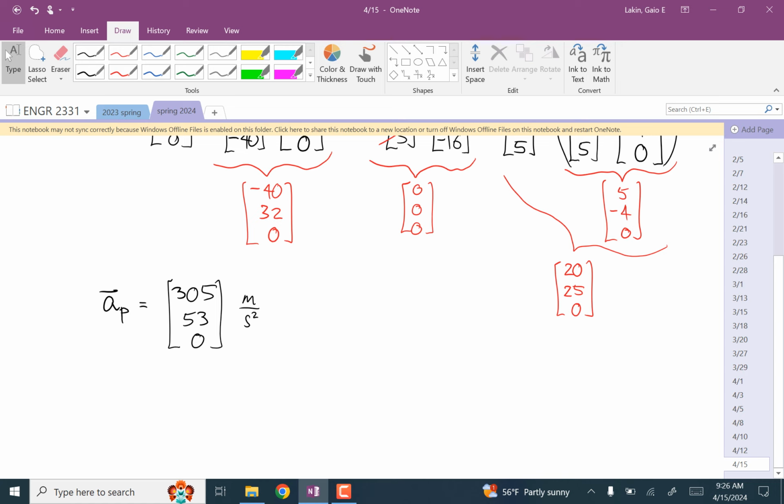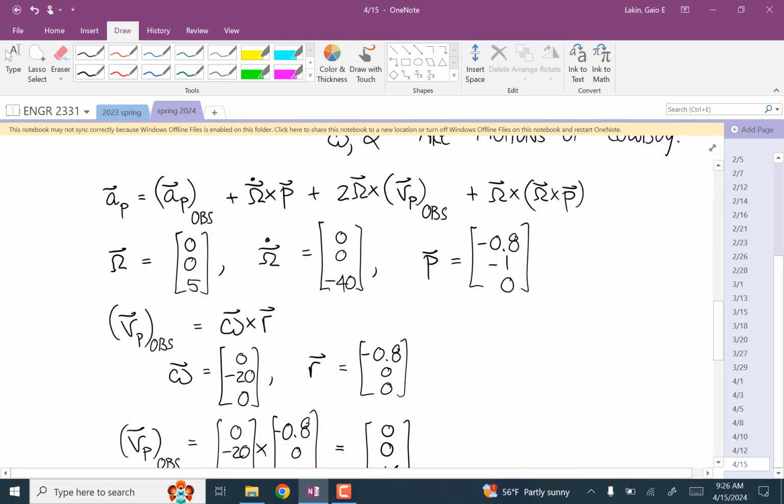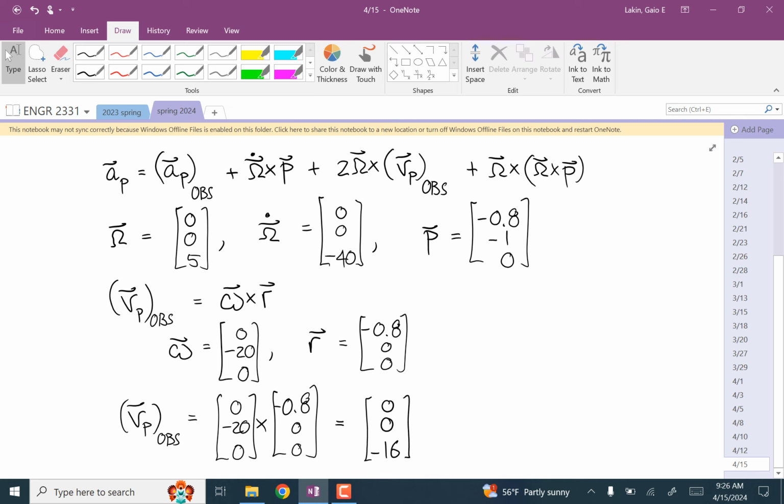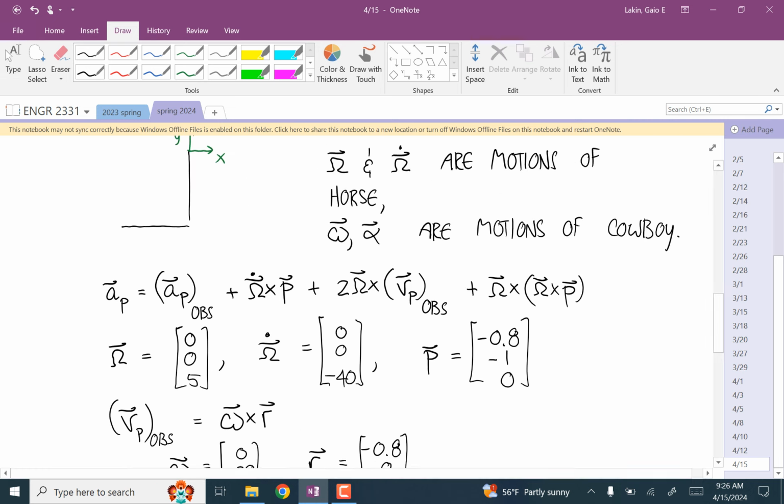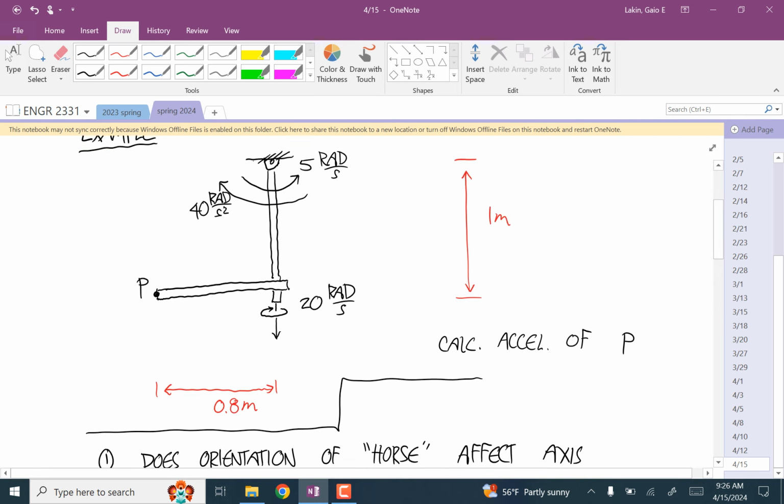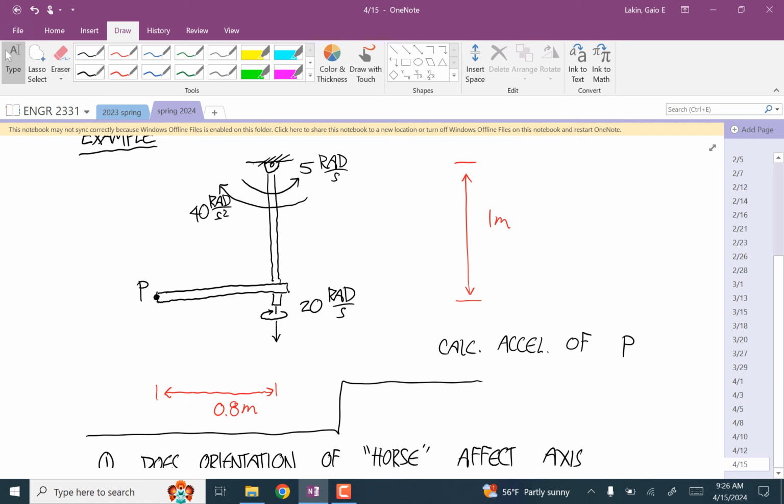Can we look at how we found the observed again? Didn't really understand how the place are. Well, so when you're talking about any of the observed stuff, you just don't care about anything the horse is doing. Because the observed means it's just what the camera sees.